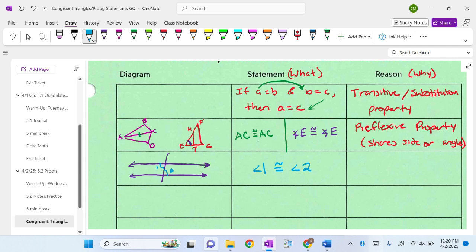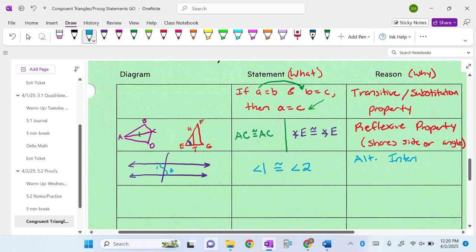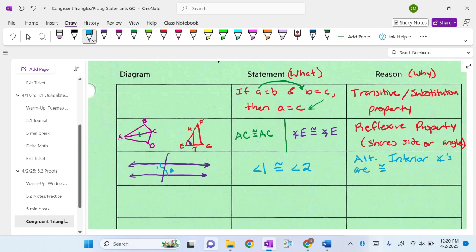Alternate interior angles. So this is: alternate interior angles are congruent in parallel lines. That's what you would state if it was by alternate interior angles.